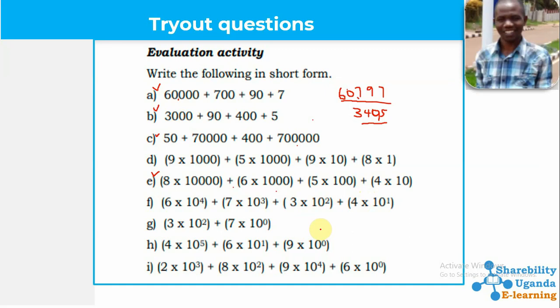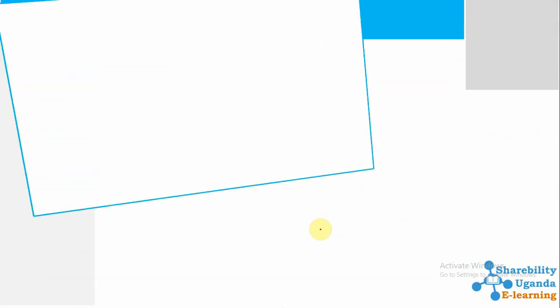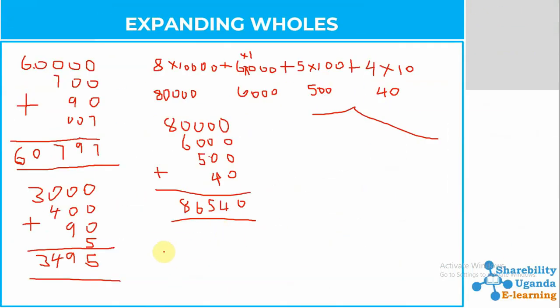Okay, we are going to solve it down here. We are having our number as 6 times our 10 to power 4. Then plus our 7 times 10 to power 3.